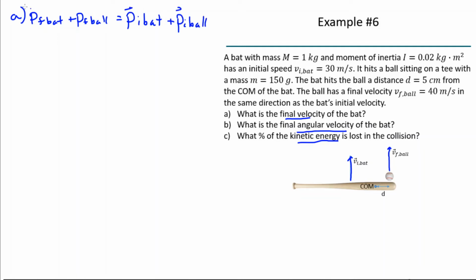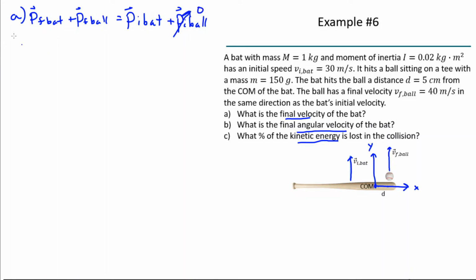So I'm going to define a coordinate system here. This center of mass of the bat, right at the instant the bat hits the ball, will be the origin of my coordinate system. And I have an x-axis like this, a y-axis like that, and my z-axis will then point out of the page. Okay, so first of all, the ball is initially sitting on a tee, so its initial momentum is just 0.